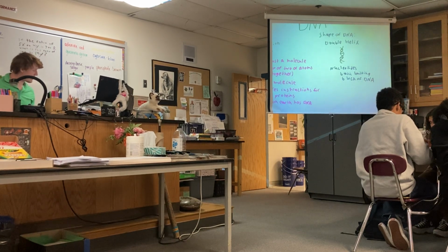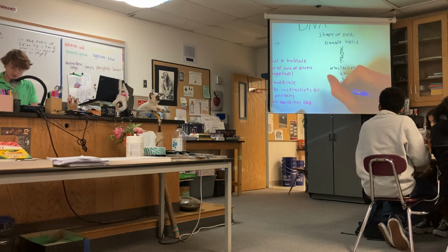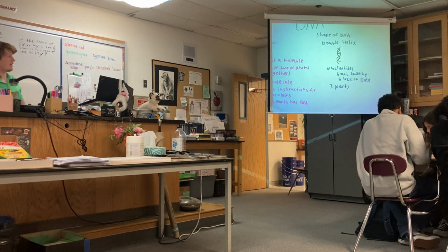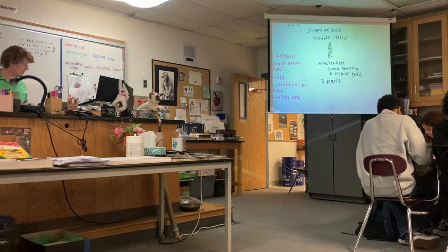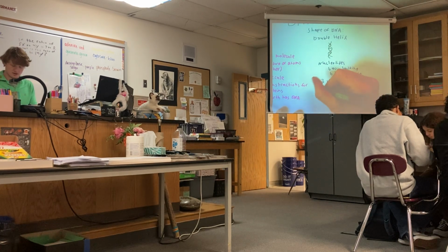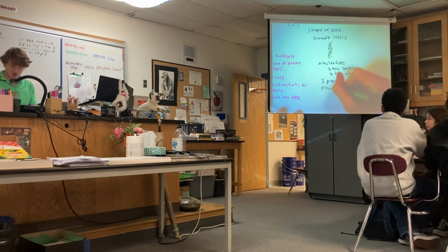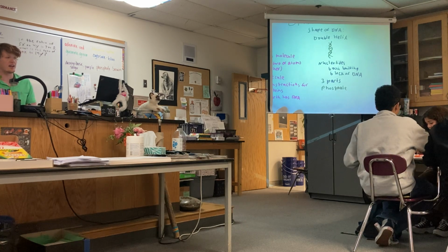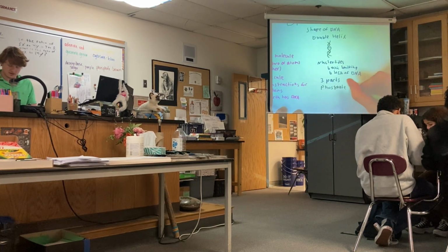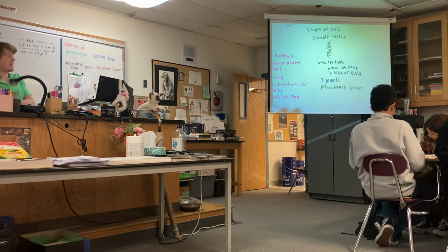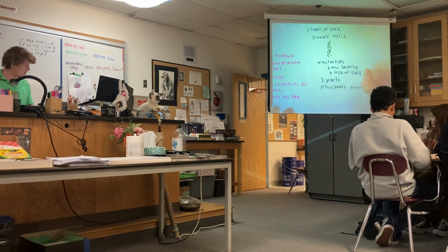And a nucleotide is made of 3 parts. And just for the purposes of these notes, we're going to combine the phosphate group and the sugar together. The phosphate group and sugar make up the outside of DNA. These don't really provide any genetic information. Genetic information isn't stored in the phosphate group or the sugar.